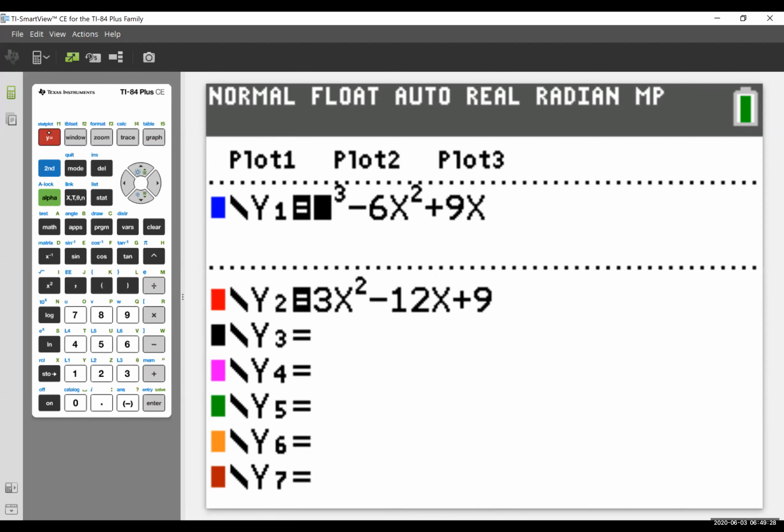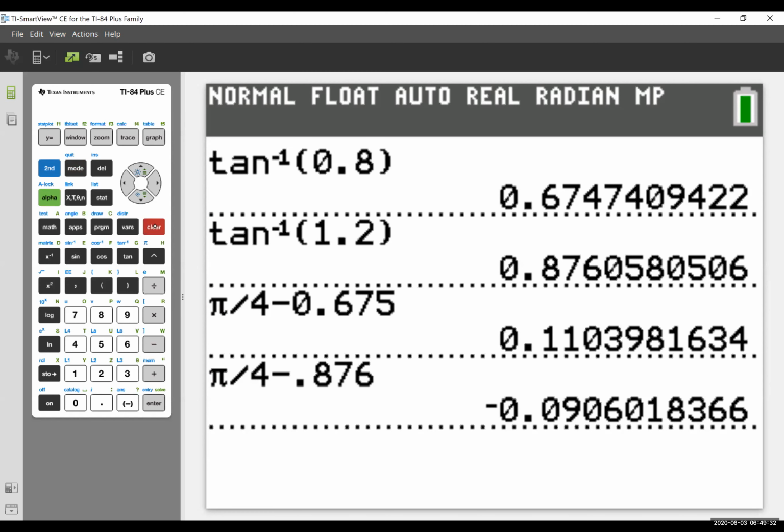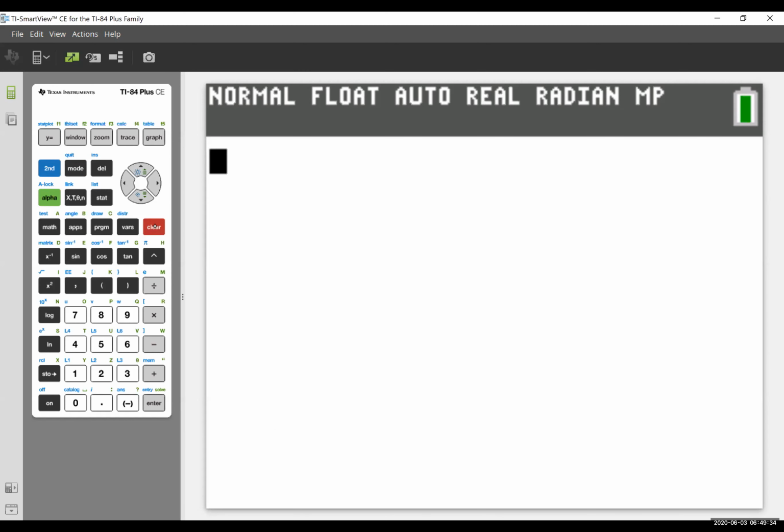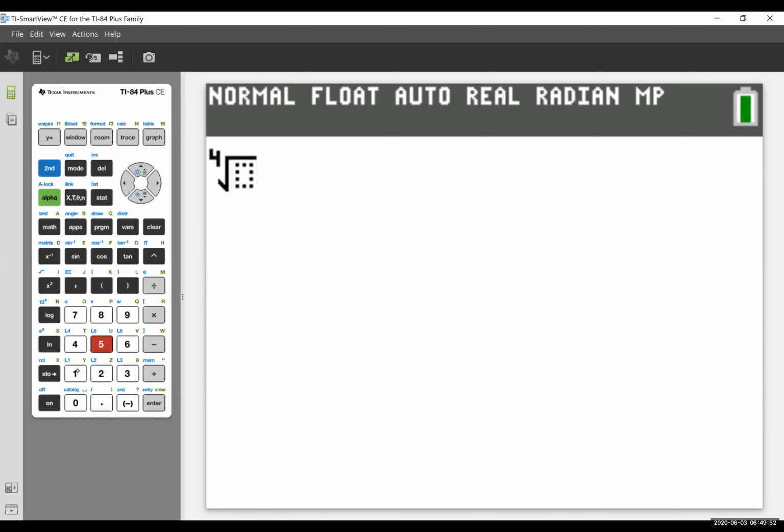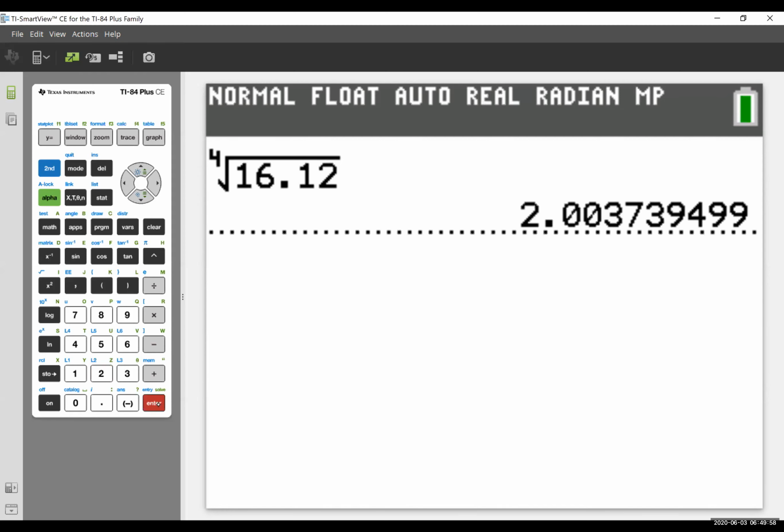This is where I go back to my regular calculating screen. And if you want to evaluate a fourth root, you could go about it more than one way, depending on what type of calculator you have. Sometimes you press the root first, then the math menu, and then the number 5 x root key. That's where the 16.12 comes in. It might look a little different if you have a TI-83 or so.